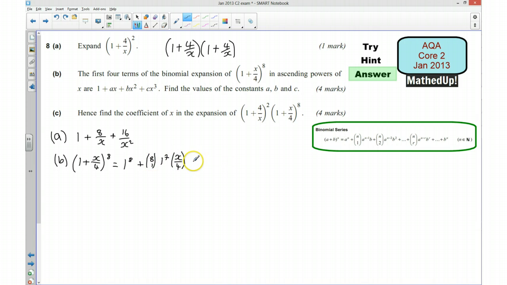Okay, and then I've got a plus, and now I'm going to have 8 choose 2, and that goes down by a power, so it's going to be 1 to the power of 6, and this goes up by a power, so that's going to be x squared over 16, plus 8 choose 3, and this goes down by a power, so it's going to be 1 to the power of 5, and this one goes up by a power, and that's going to be x cubed over 64.